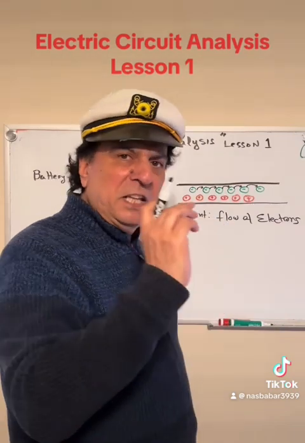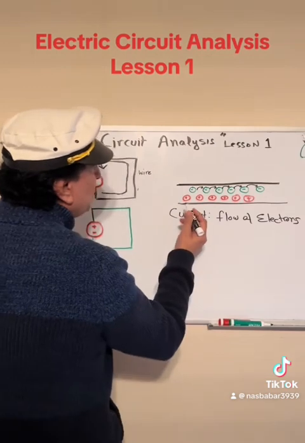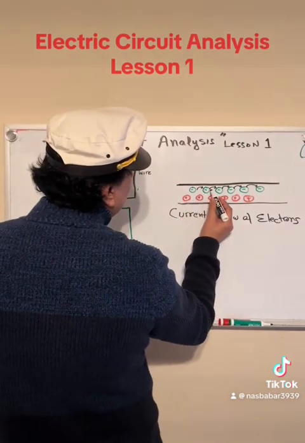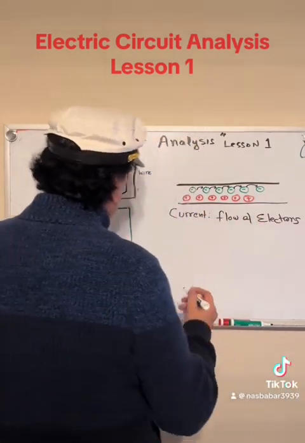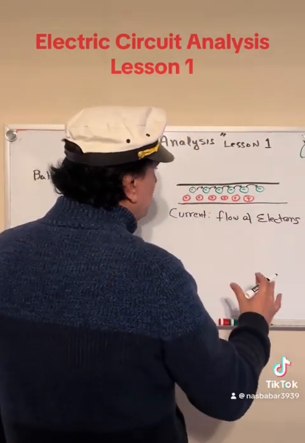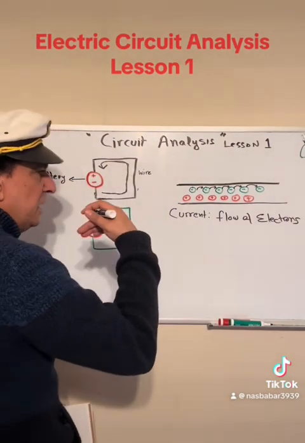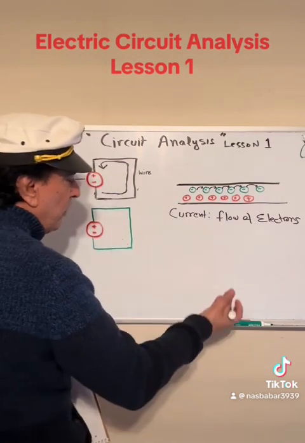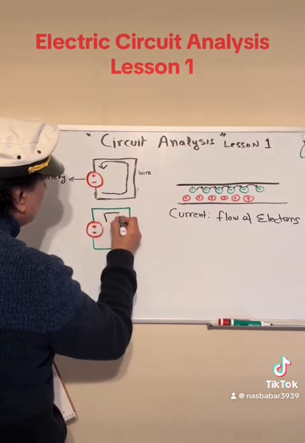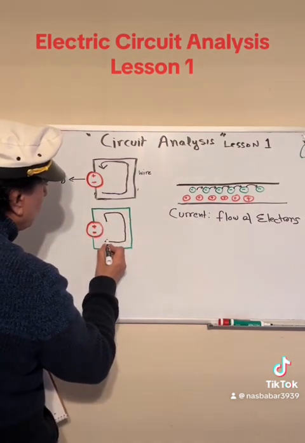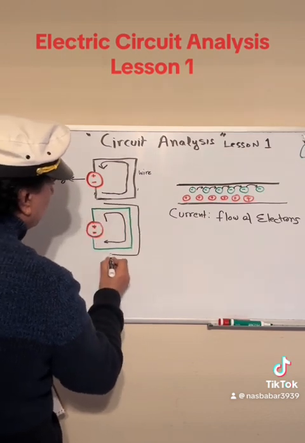The only thing in the atom now is the positive charge. Same thing for this one: when this negative leaves, this positive charge is left with a hole. So for mathematical convenience, when we are solving problems, we say the current is flowing in this direction, from positive to negative, okay?